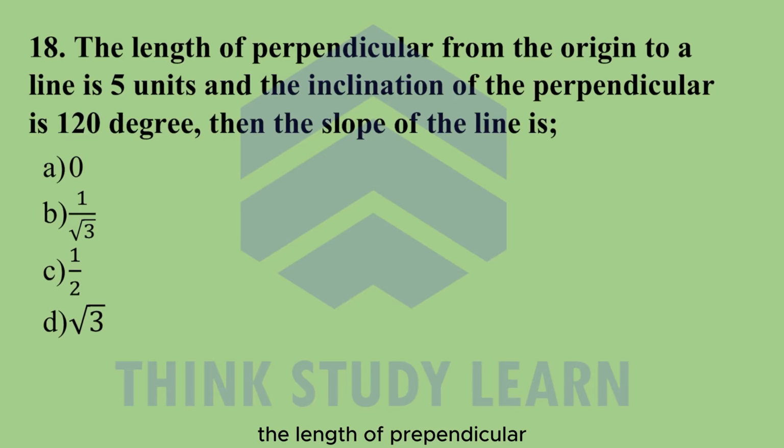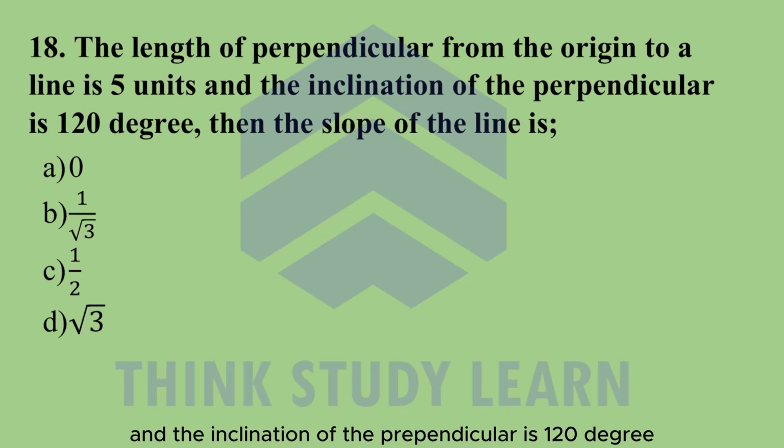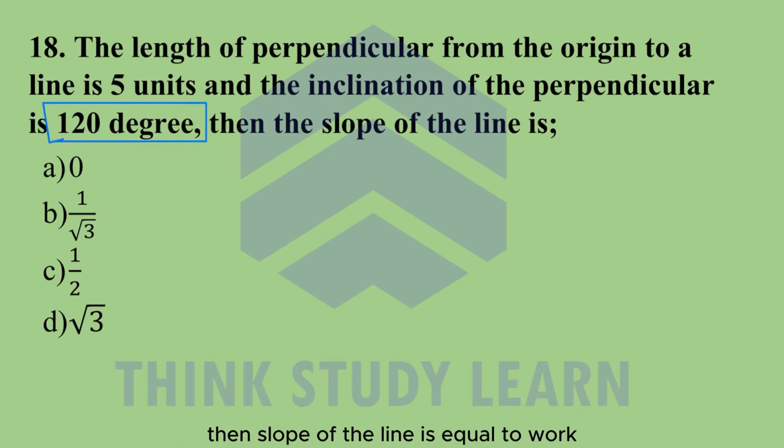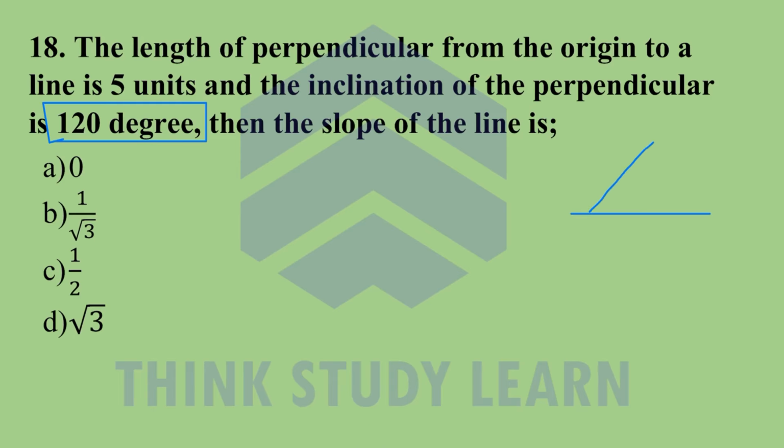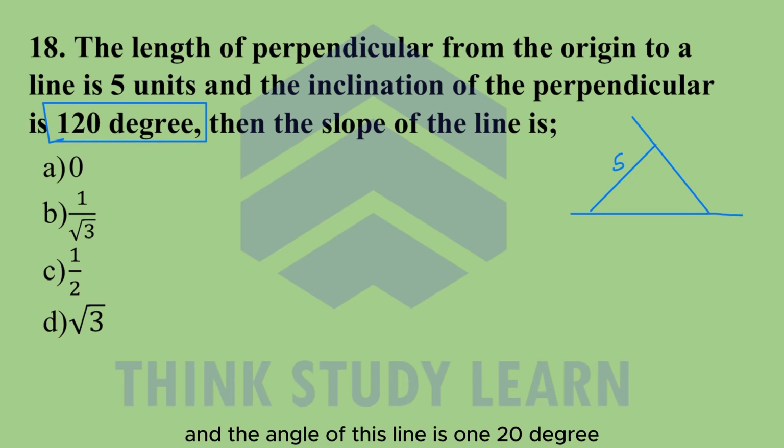The length of perpendicular from the origin to a line is 5 units and the inclination of the perpendicular is 120 degrees. Then the slope of the line is equal to what? So here let's make the origin and the line of 5 units, and there is another line which touches this original line, and the angle of this line is 120 degrees.